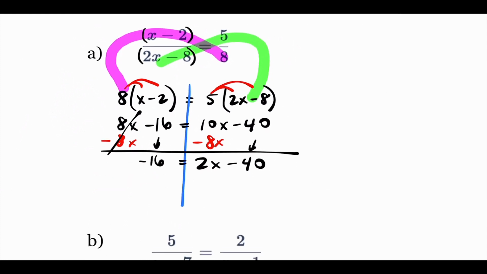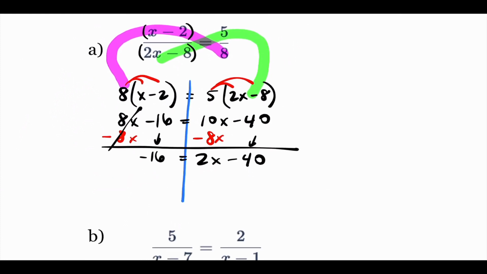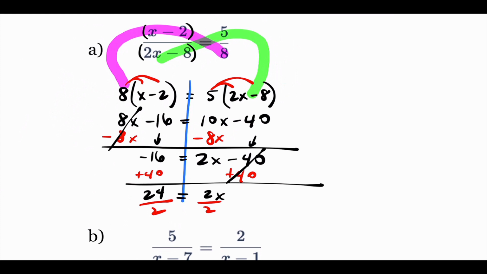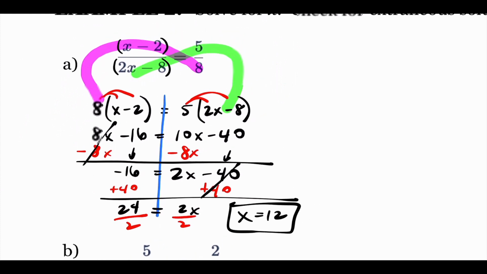Now I got to add 40 to both sides. I get 24. Divided by 2. I get x equals positive 12.